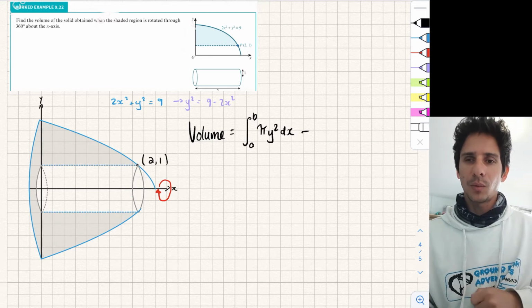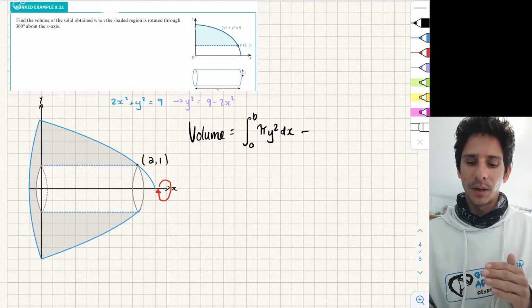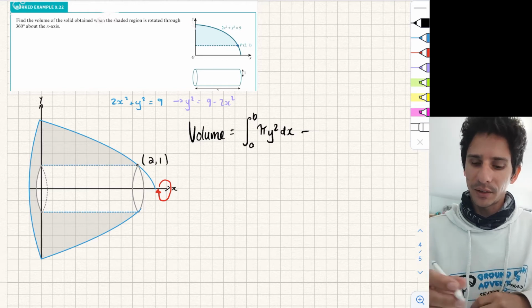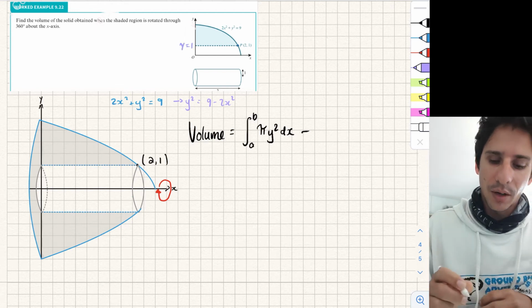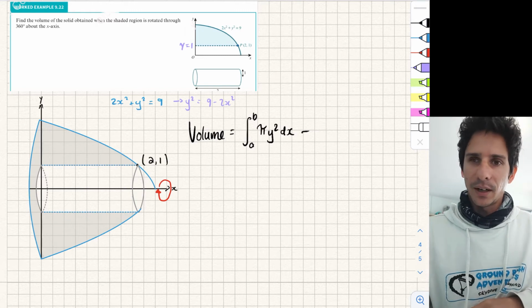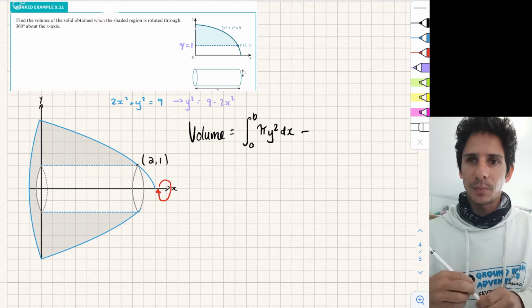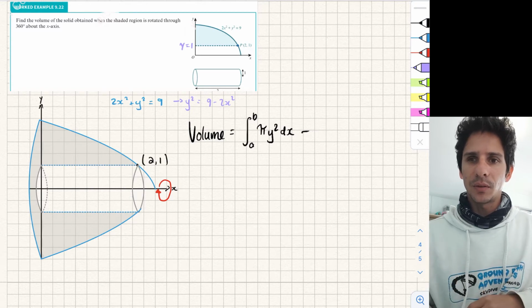We want to take away that tiny portion of volume below the y equals 1 line. This line here is just the y equals 1 line, given by coordinate p. Now this creates a perfect cylinder, which we could just use the formula for the volume of a cylinder in order to work that out.